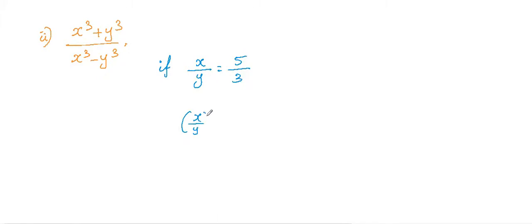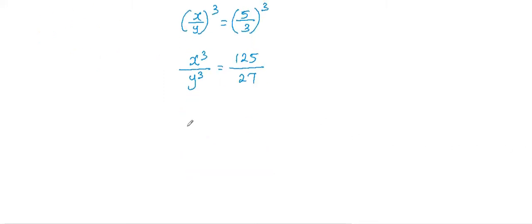So if you take cube on both sides, x³/y³ equals 5³/3³. 5³ becomes 125, 3³ becomes 27. So x³/y³ equals 125/27.